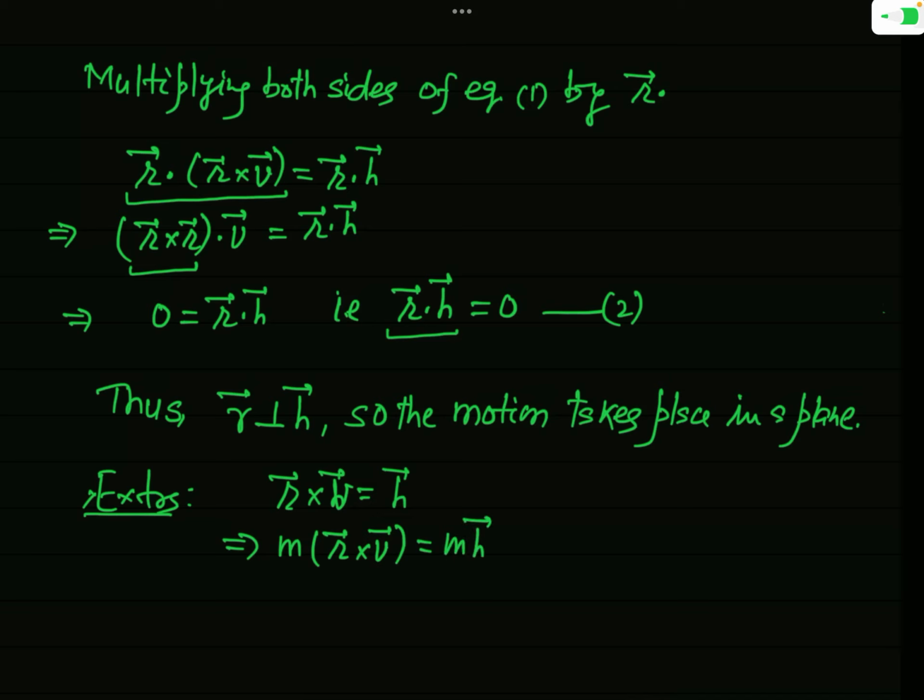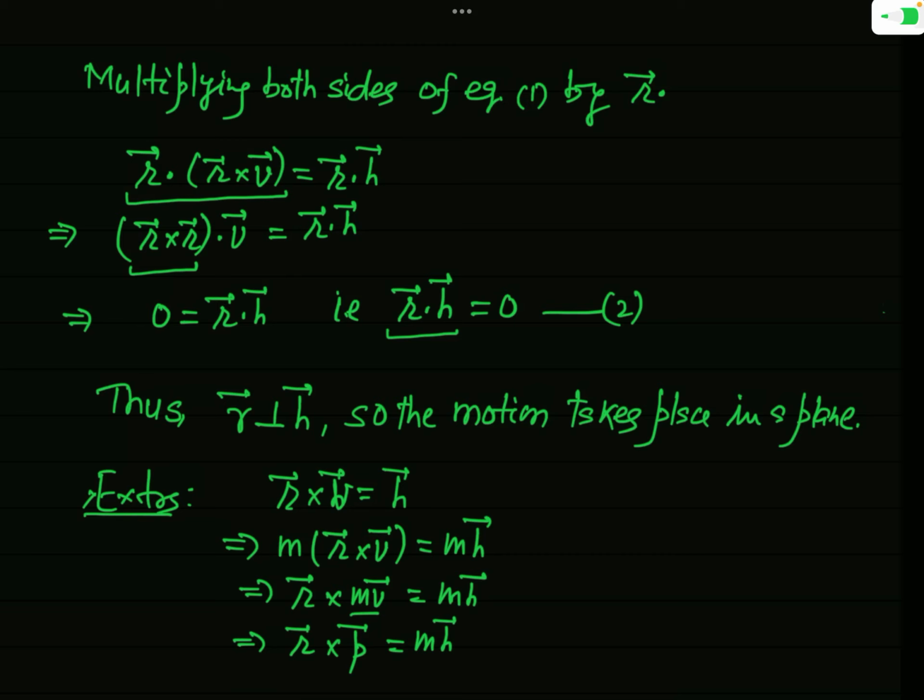This can be written as r cross mv, and this is equal to mh. And you know that this mv is the linear momentum of the particle. So this is r cross p, and this is equal to mh.